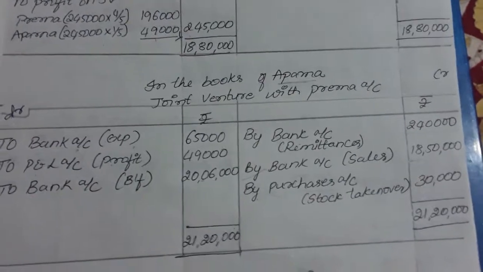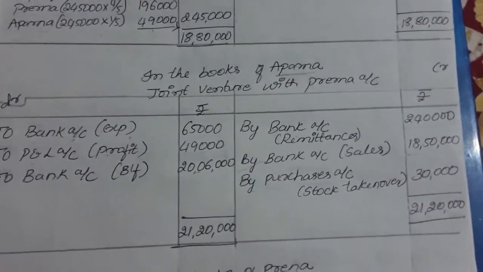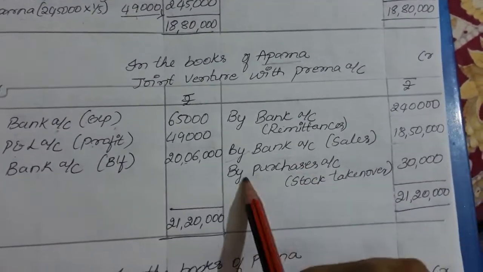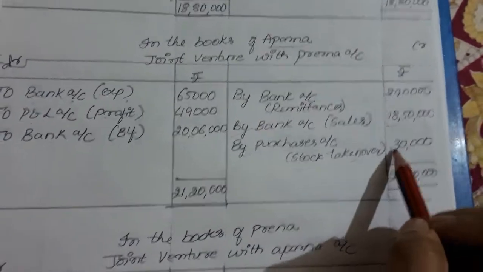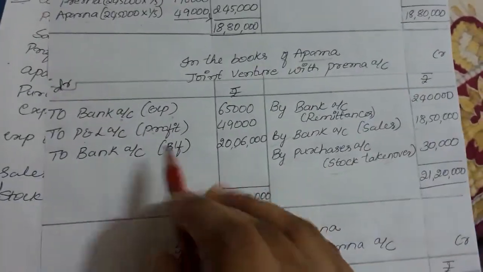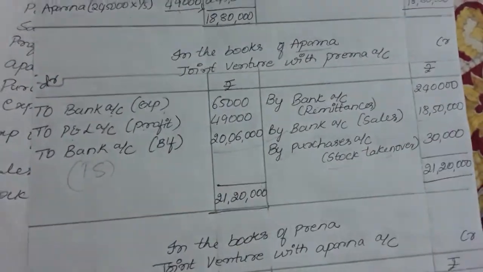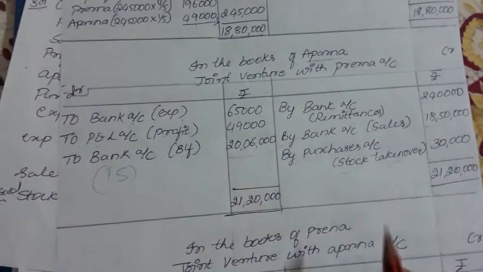The remaining part she is taking over is considered as purchases. So that will be recorded as by purchases account, stock taken over 30,000. As you can see, the final settlement worth 20 lakh 6,000 needs to be made.